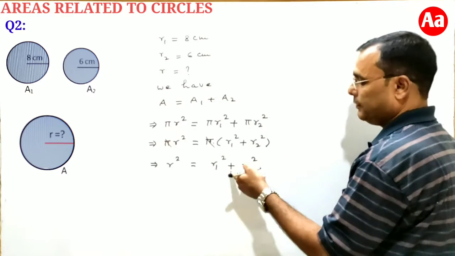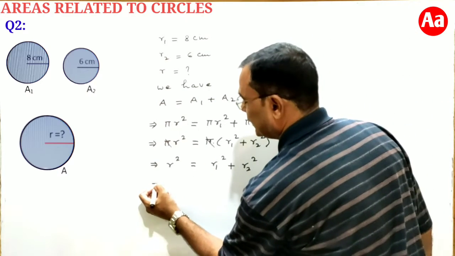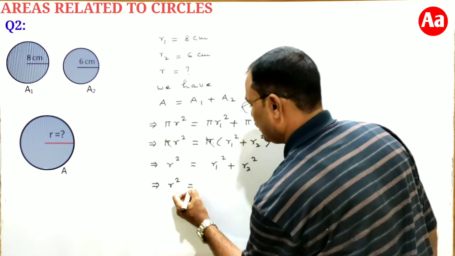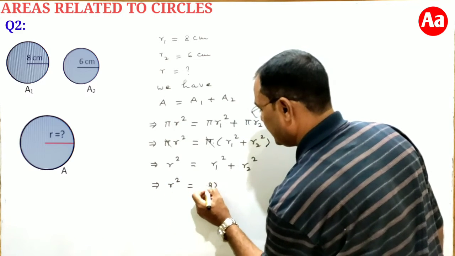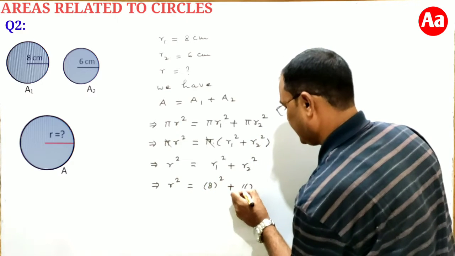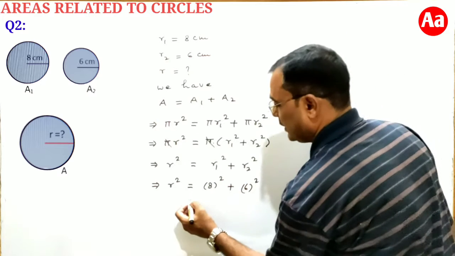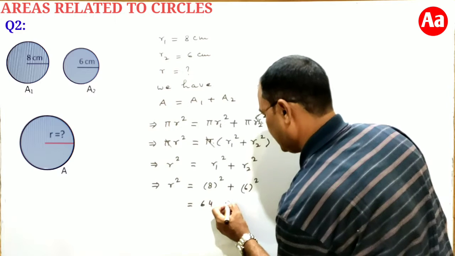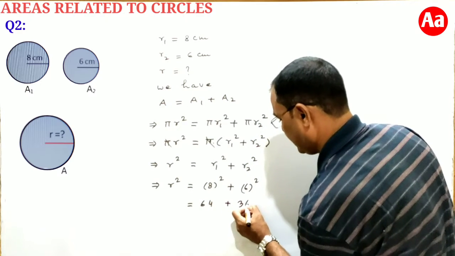Let's put values of r1 and r2 here. So we have r square is equal to 8 square plus 6 square. 8 square is 64 plus 6 square is 36.